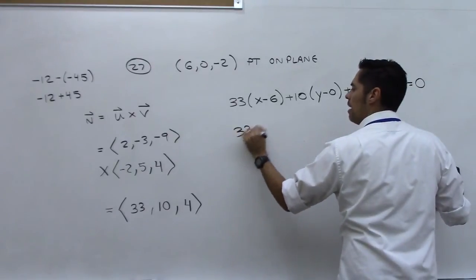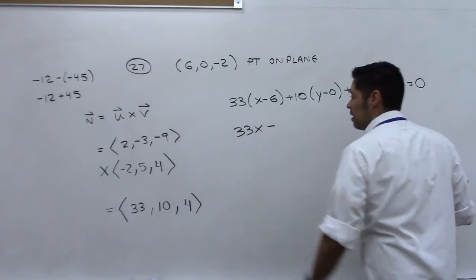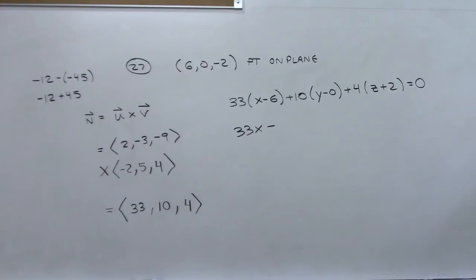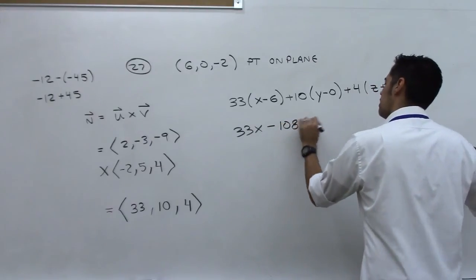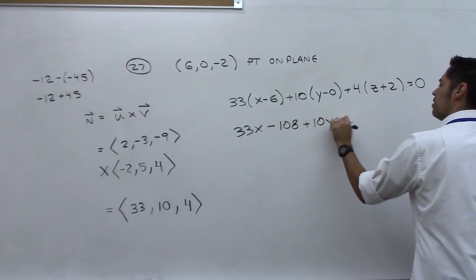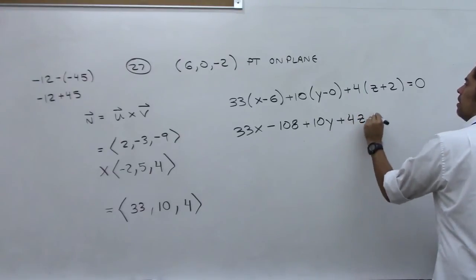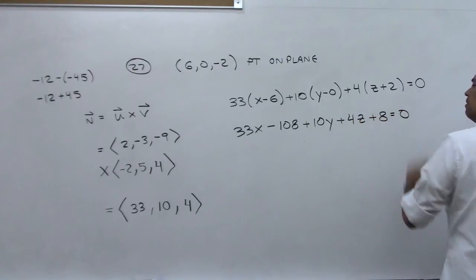So 33x minus, 90 plus 18 is 108, and then plus 10y plus 4z plus 8 equals 0.